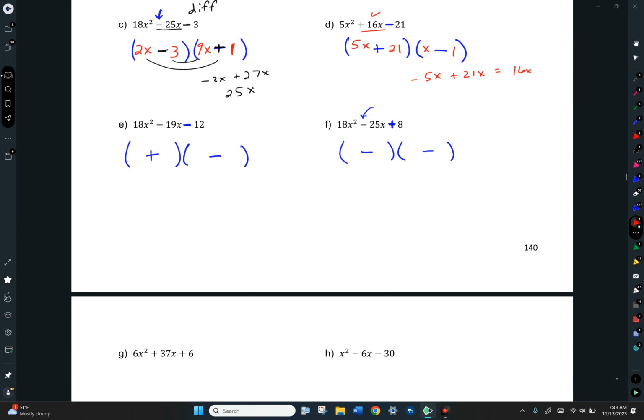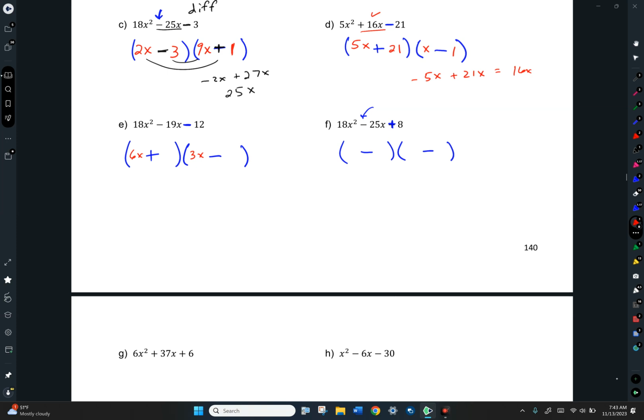All right, so the first ones multiply to get 18: 6 and 3, 9 and 2. The smaller option would be 6x and 3x. The smallest option to get 12 would be 4 and 3. But again, I can't put the 3 in either place, right? So instead of 4 and 3, I'll try 6 and 2.